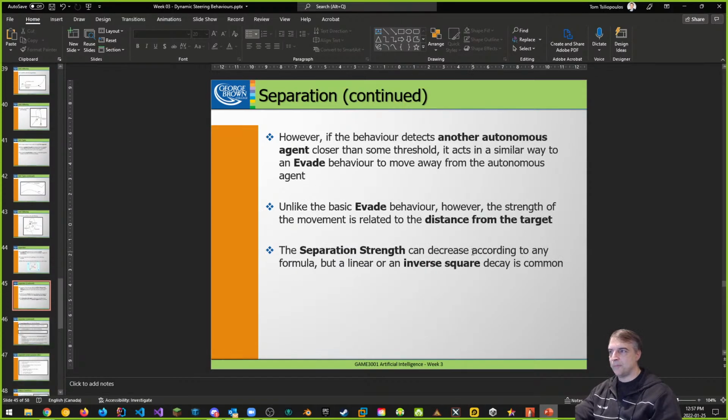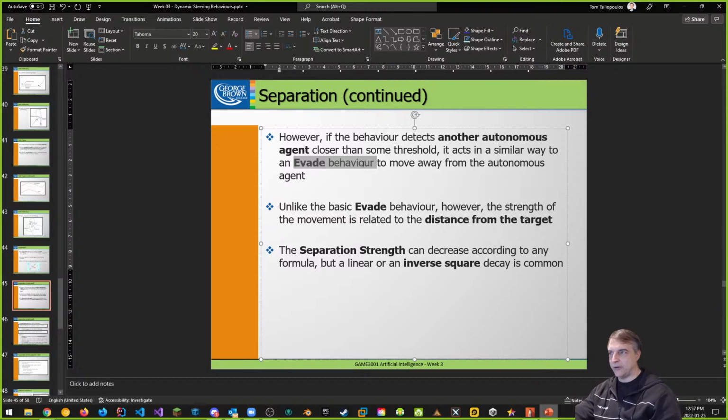So again, we want to use evade behavior, and what we do is we momentarily get into evade mode, right? So where I predict that the agent is going to be, I try and avoid going in that direction to avoid colliding. That's what I'm trying to do.